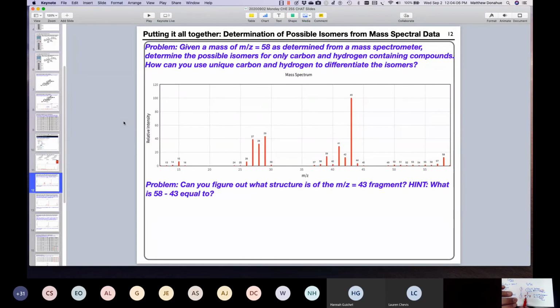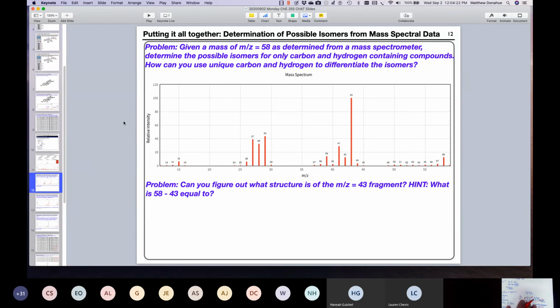So this structure is more apt to lose a fragment corresponding to 15, or a methyl group, just because there's 3, whereas this one has 2. So there's a methyl you could lose, or there's 1.